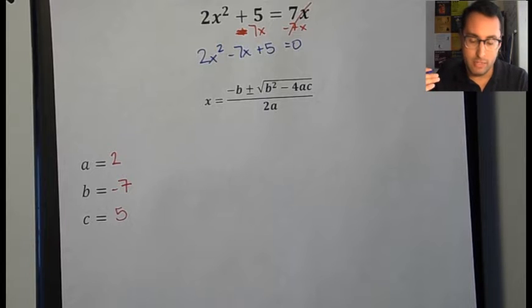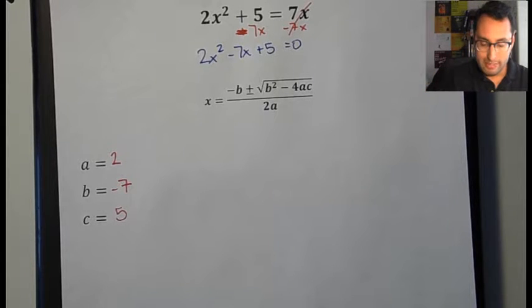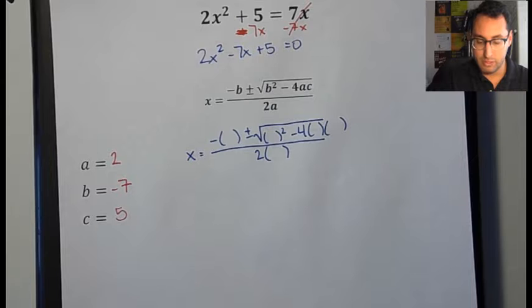So I rewrite the quadratic formula, but wherever I see a variable, I'm actually just going to put open parentheses. We'll get to evaluating those values later. I have now everything that's just the variable in parentheses. Now we plug in.